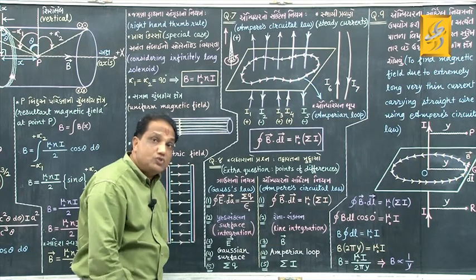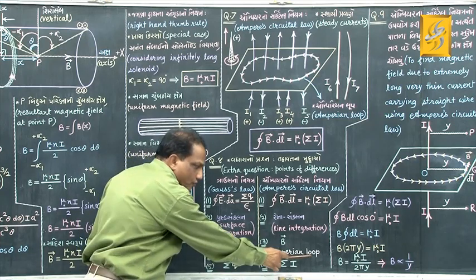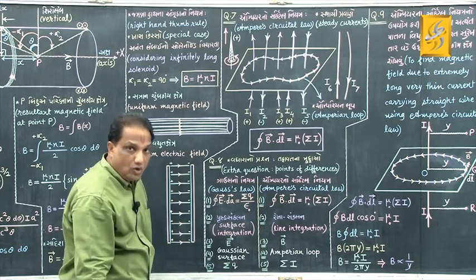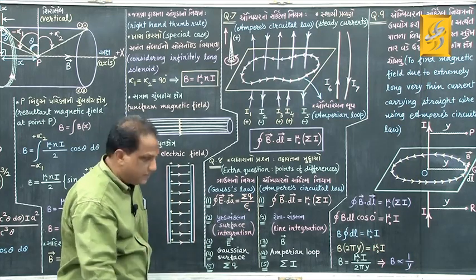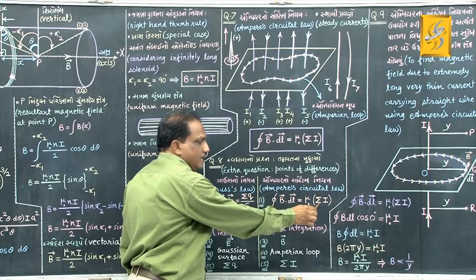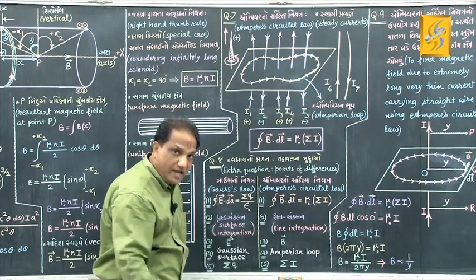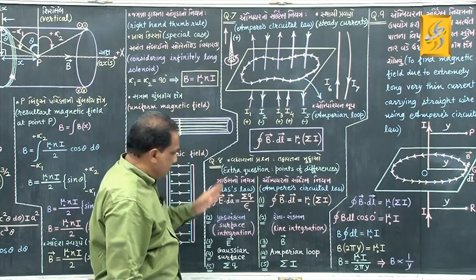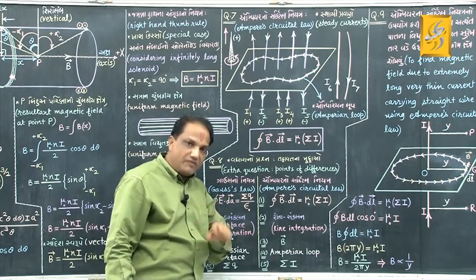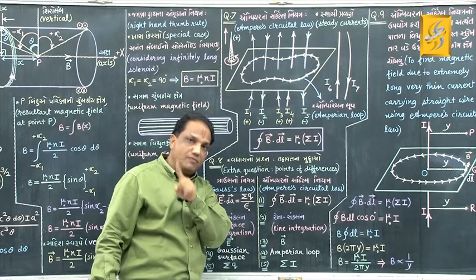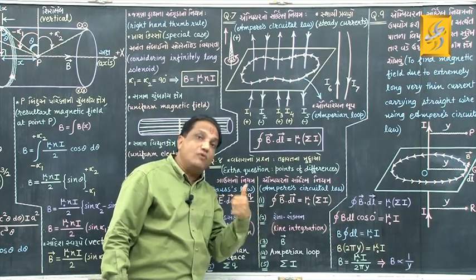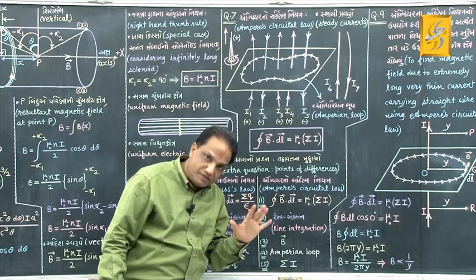Here we think of closed loop which is called Ampérian loop. Here we are taking algebraic summation of charges enclosed by the considered Gaussian surface, and here we consider algebraic summation of electric currents enclosed by the considered Ampérian loop. So these are the important points of differences between Gauss law, which was studied in chapter number 1 for static electricity, and this Ampère circuital law for magnetism in this chapter. Got it?